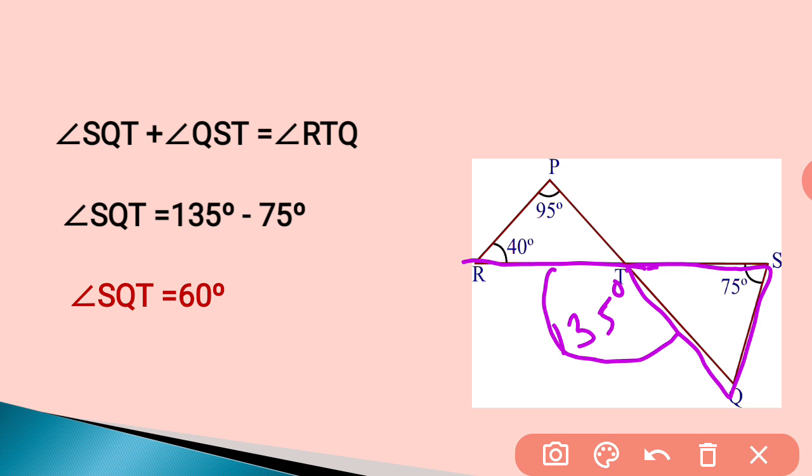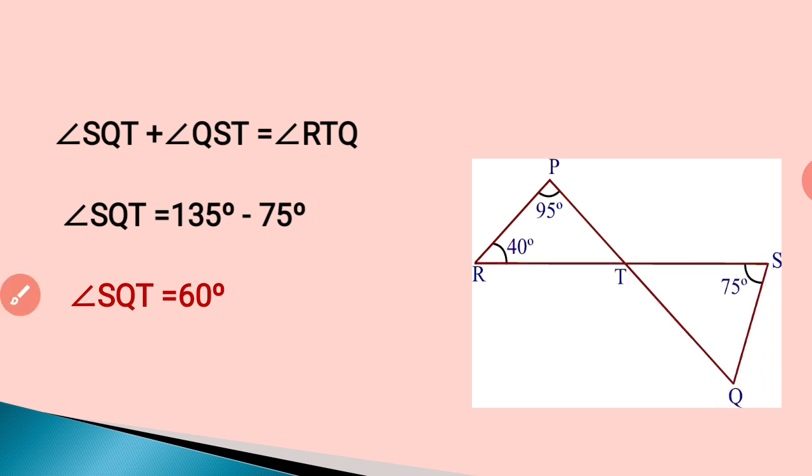Now this exterior angle will be the sum of angle S and angle Q. So with this, we can write it as angle SQT plus angle QST equal to angle RTQ. Out of these three, we already know the value of two angles. So we can easily find out angle SQT, which comes out to be equal to 60 degrees. We have used exterior angle theorem and angle sum theorem in all the examples.